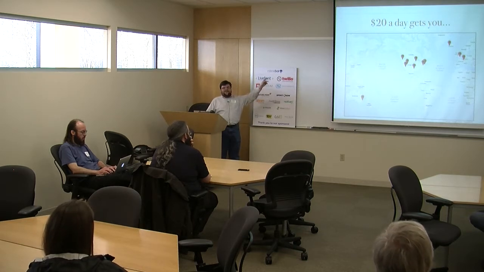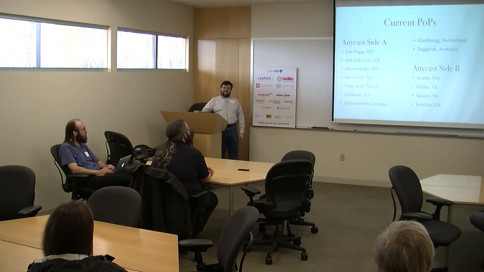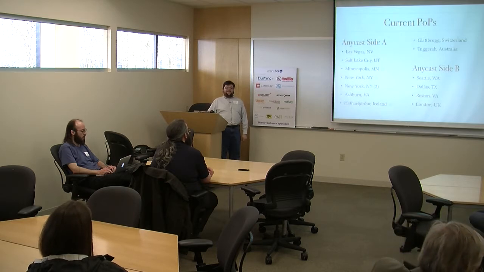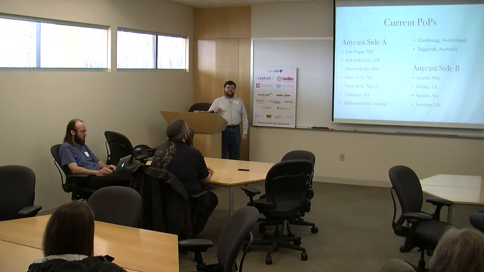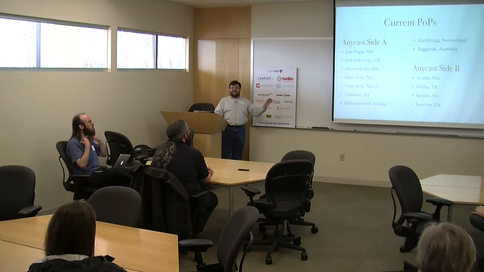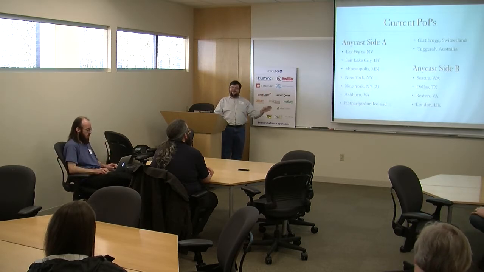You may count 11, but there are a couple of locations where they're very close together. And all of these serve content. They're all part of the same small amount of IP space, but it's all global routing. If somebody goes to a particular IP address, it could be served up from any one of these, hopefully, and you'll see why I qualify that, one that's pretty close to the end user.